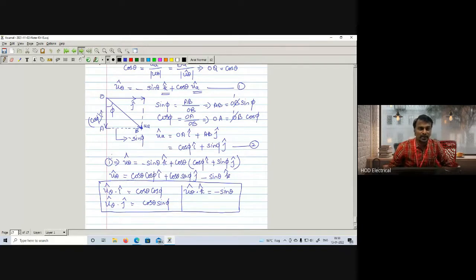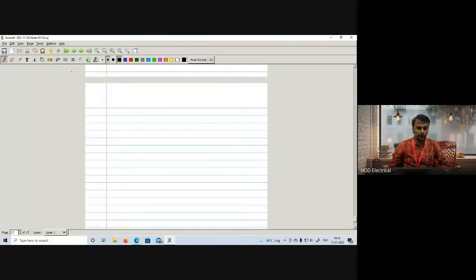So we can take a new page. Again, let me draw the diagram. This is the spherical coordinate system.